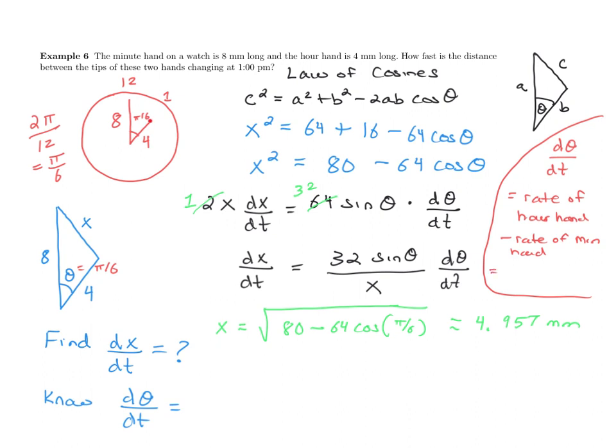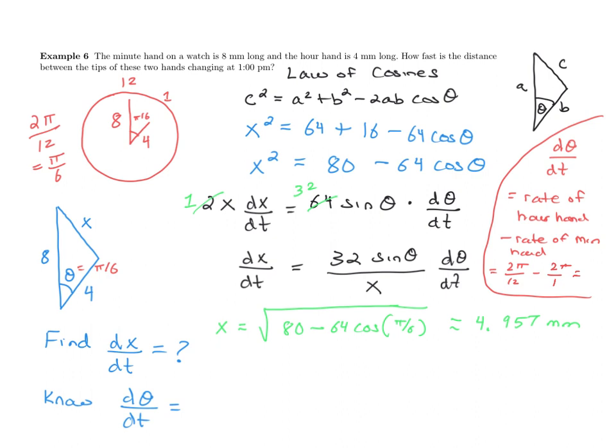So the hour hand makes a full rotation. It goes 2 pi in 12 hours. So that's 2 pi over 12 minus, the minute hand makes a full rotation, 2 pi radians, every hour. So 2 pi over 1.